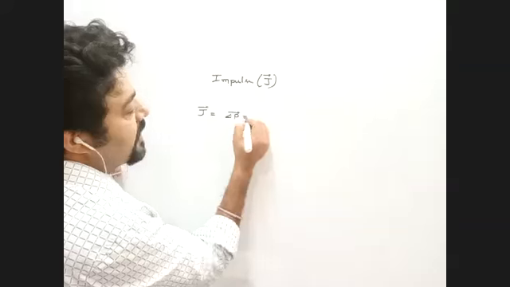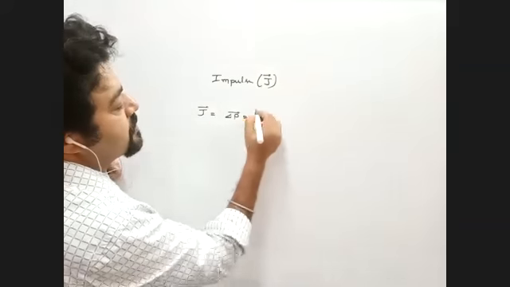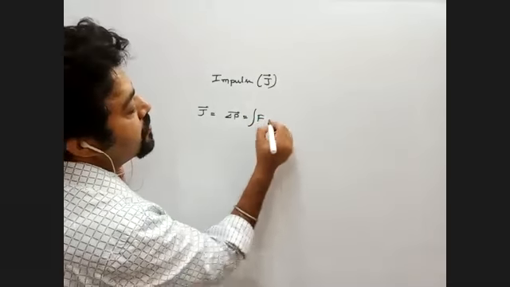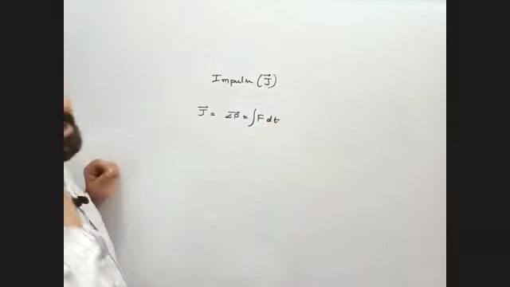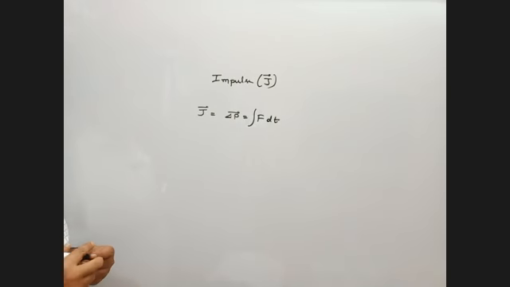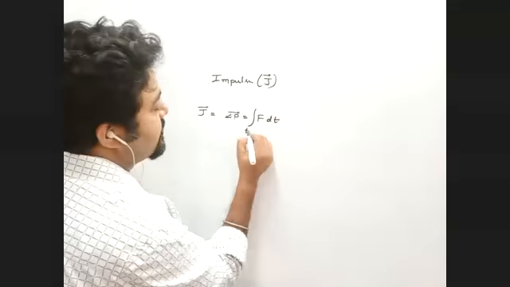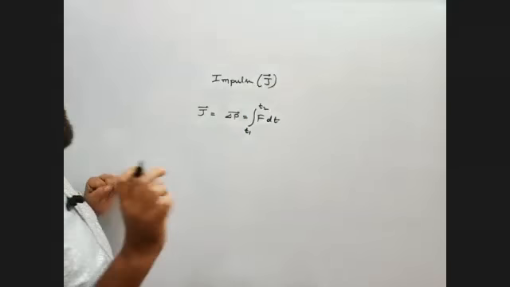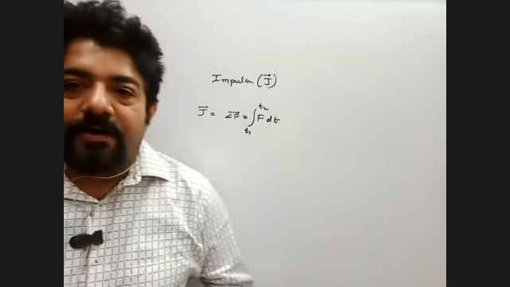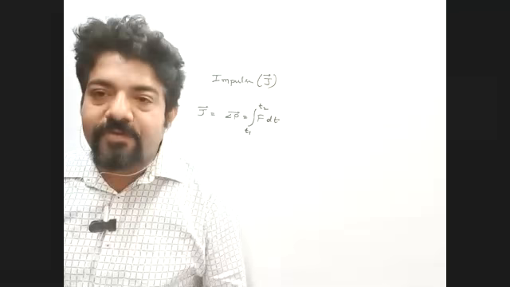Impulse is, you can say, force into a very small amount of time, a very small instant of time, and you can write it from time 1 to time 2, meaning within that fraction of time. I can give you one example.